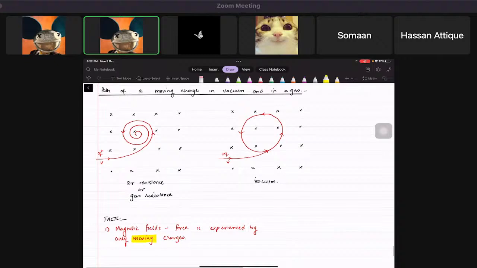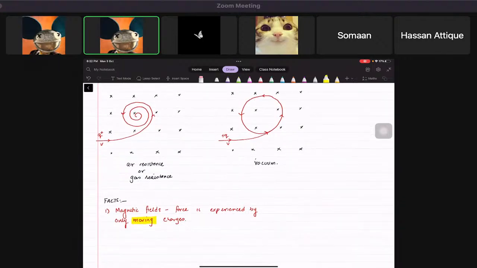If the charge was not moving, it was put in the magnetic field, nothing will happen, because when the charge moves, it creates its own magnetic field that interacts, that we've learned. But if it's not, then there is no force at all.